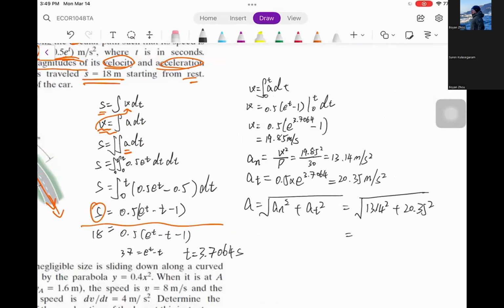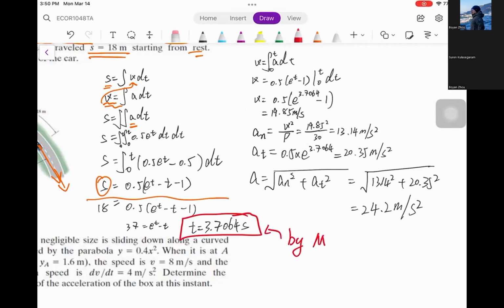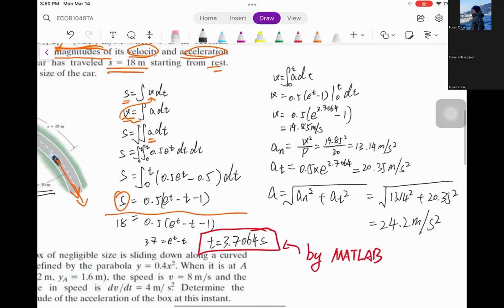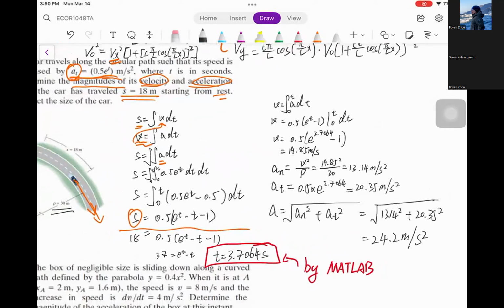So the final answer is 24.2 meters per second squared. Just a reminder, this one is by MATLAB. So that is the solution for this question.